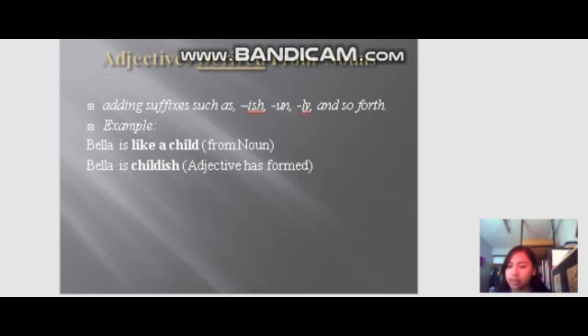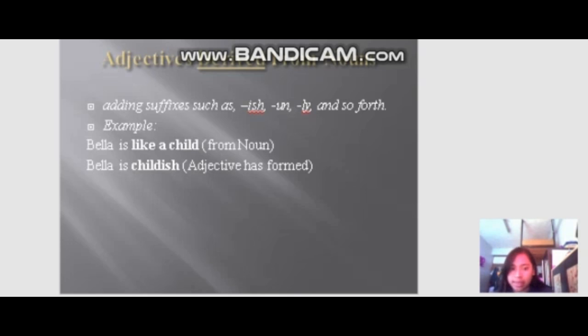Several distinct kinds of relationship with the underlying noun are seen by adding suffixes such as ish, ly, and so forth. For example, Bella is like a child. So this is from a noun. And then it becomes Bella is childish.